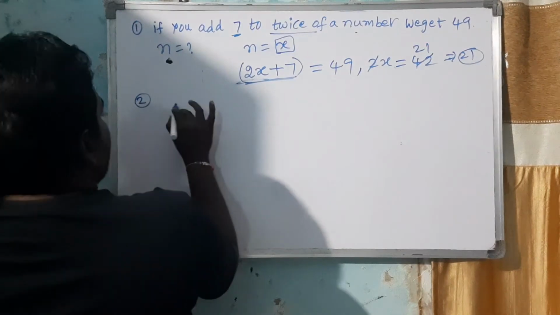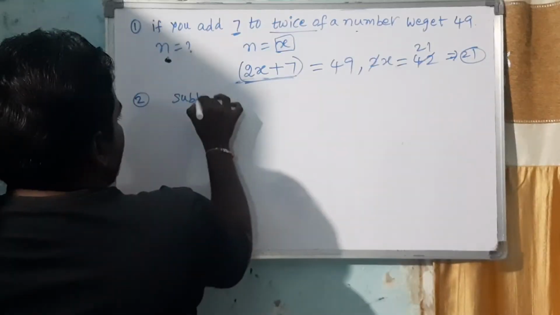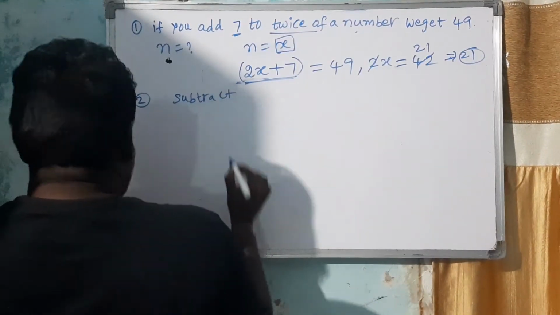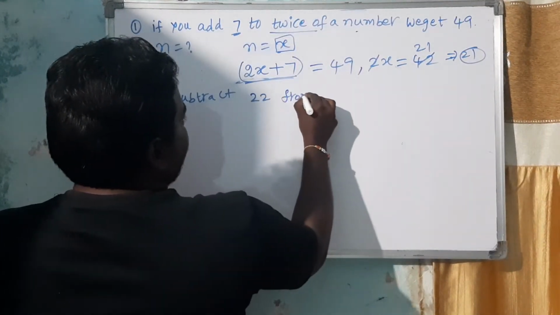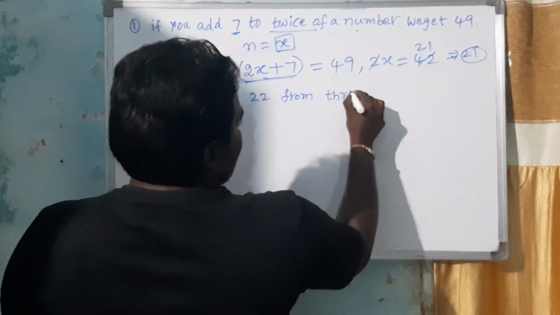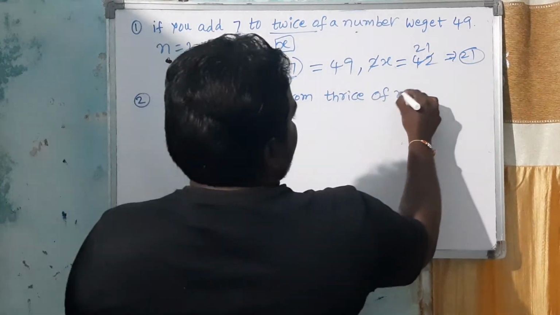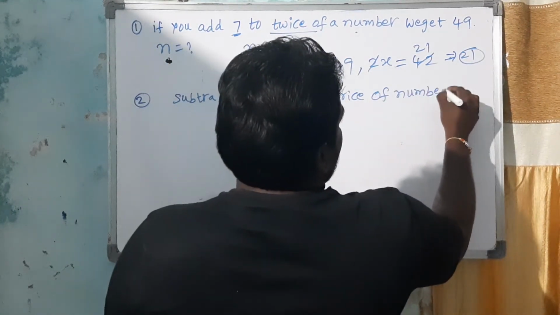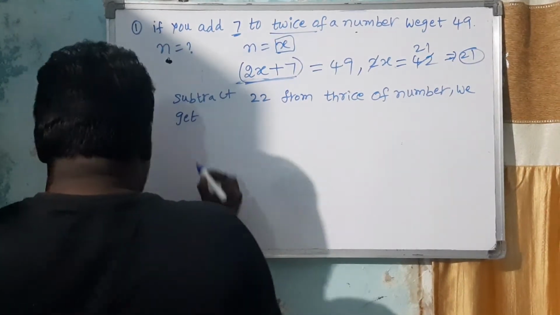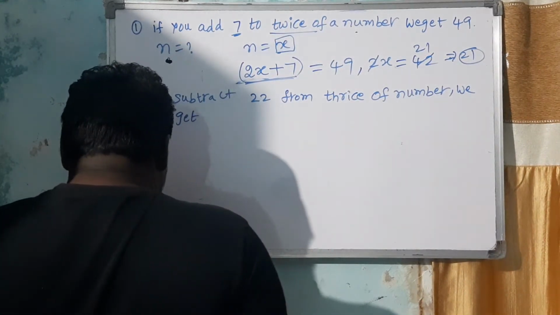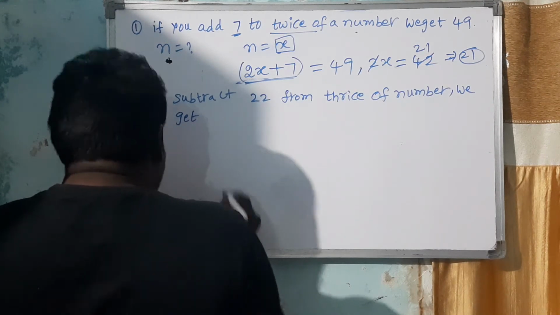Next, if you subtract 22 from thrice of a number, we get 68.